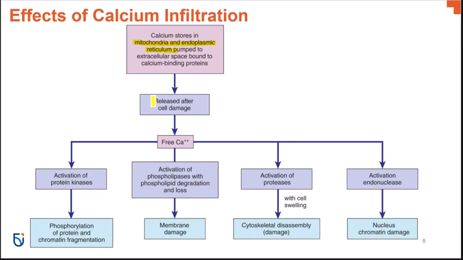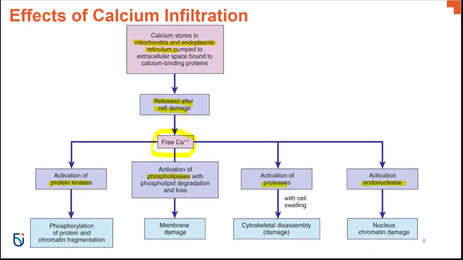When this calcium is released after cell damage and we have all this free roaming calcium, it has the ability to activate a variety of different enzymes: protein kinases, phospholipases, proteases, and endonucleases. All of these are enzymes that have damaging effects on the cell, some of which are listed here at the bottom.